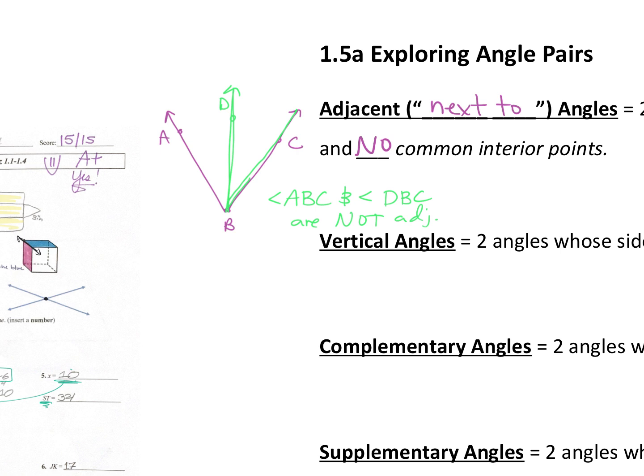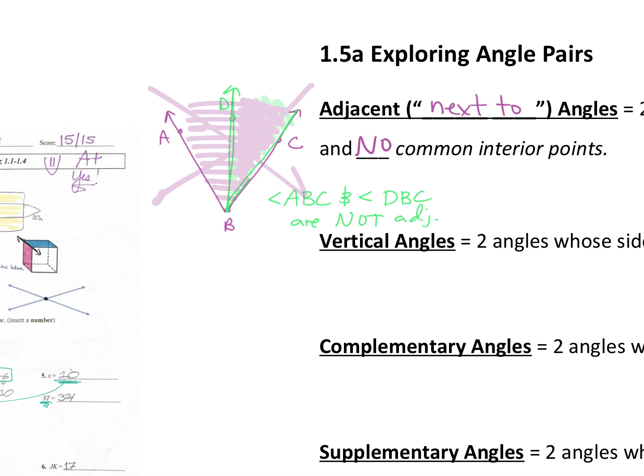Can you see why? Because DBC is inside of ABC. Right. That means they share all of these points, right? DBC is here. ABC is here. If there is anything that overlaps other than the ray, it's wrong, okay? So because all of this is overlapping, they are not adjacent.